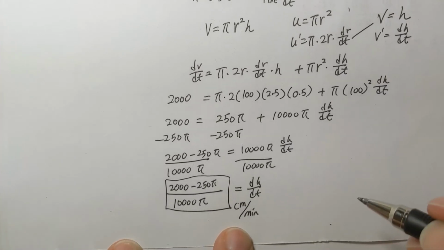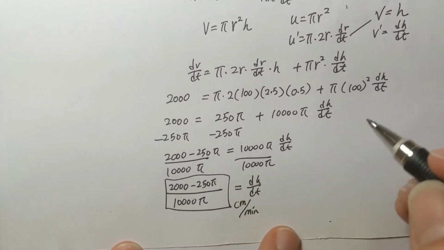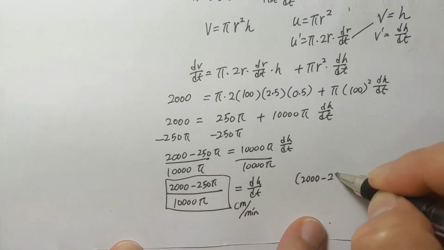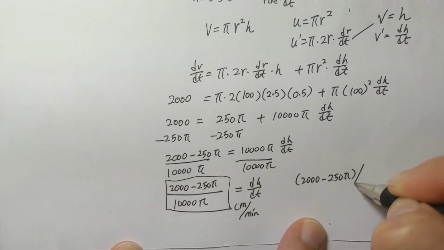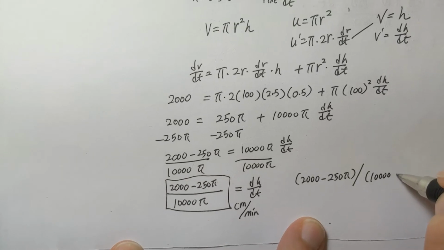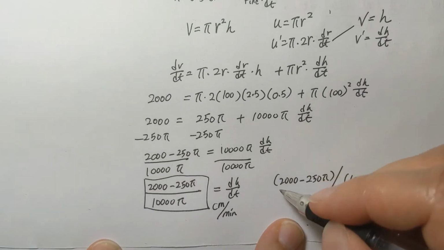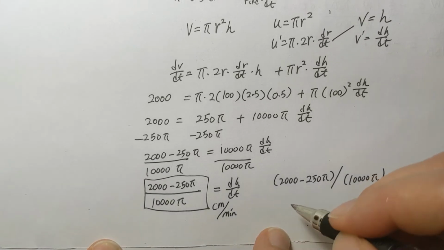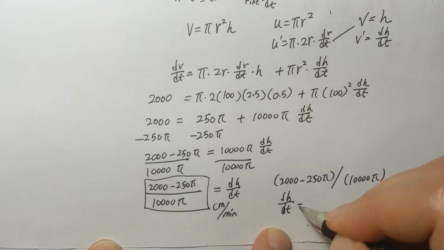If you want to convert this fraction into a decimal, you have to type it in this way. You have to enclose the numerator in parentheses and the denominator in parentheses, and then let's type it in the calculator.